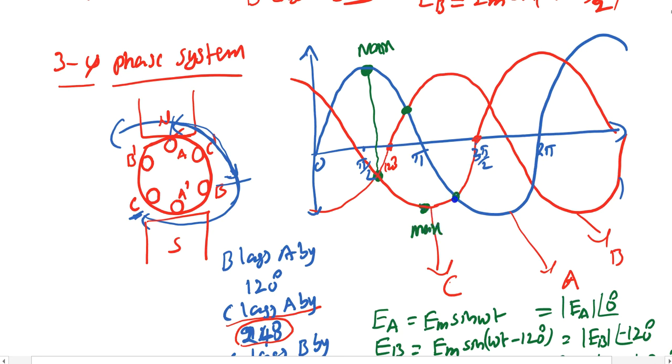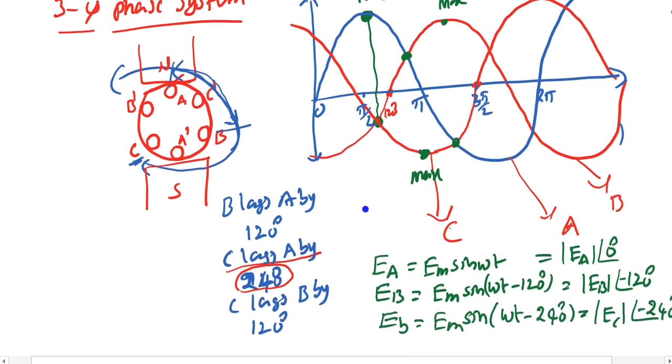As a result, the sum of the three phases is equal to 0. In a balanced three-phase system, the sum of the phases is always equal to 0. That is the property of this system.